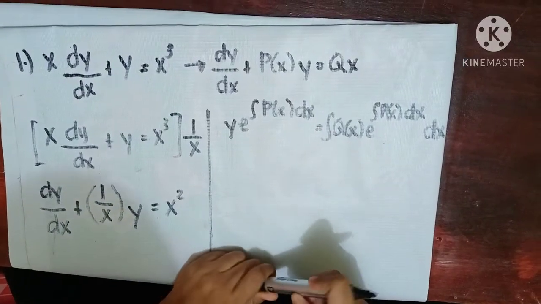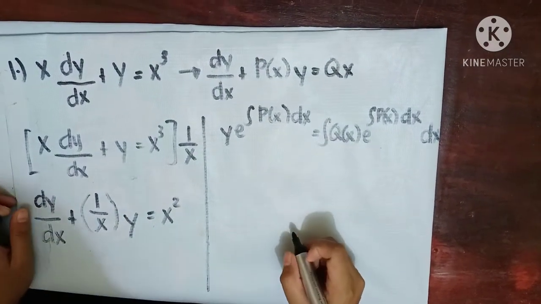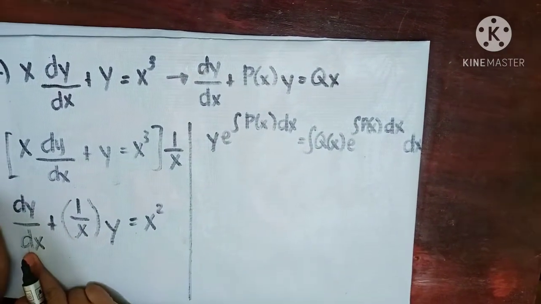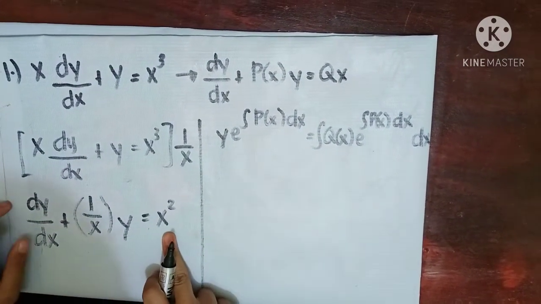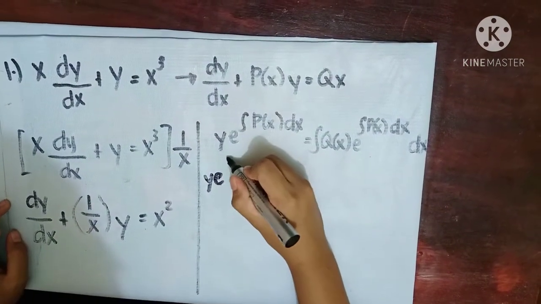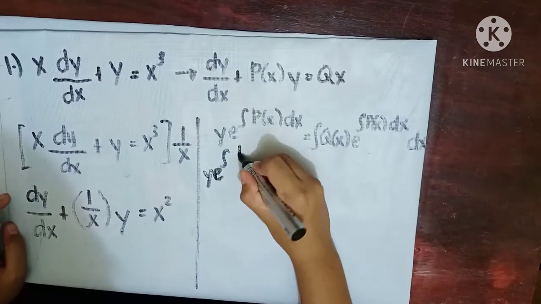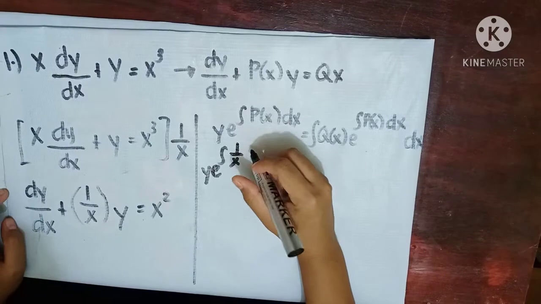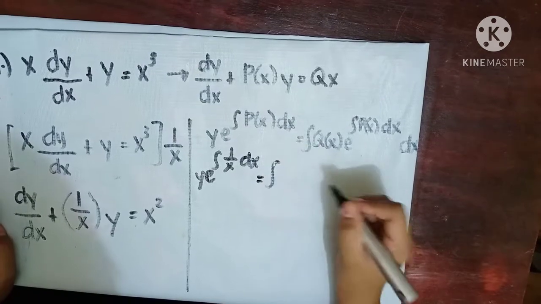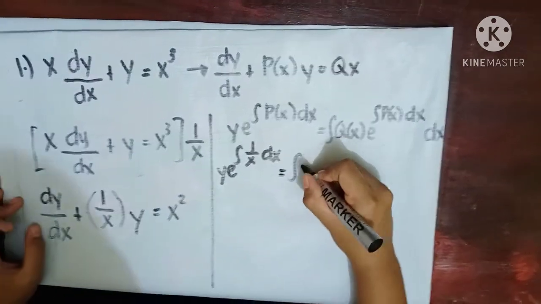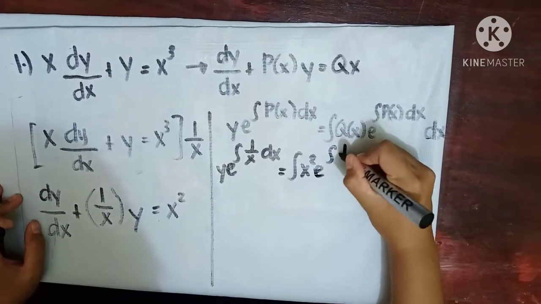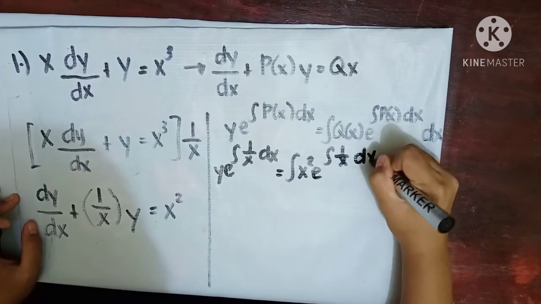We will now substitute. Because we now have the form linear in y, dy over dx is present, so we identify our p of x and our q of x. So y times e raised to the power of the integral of p of x, which is 1 over x dx, equals the integral of q of x, which is x squared, times e raised to the power of the integral of 1 over x dx.